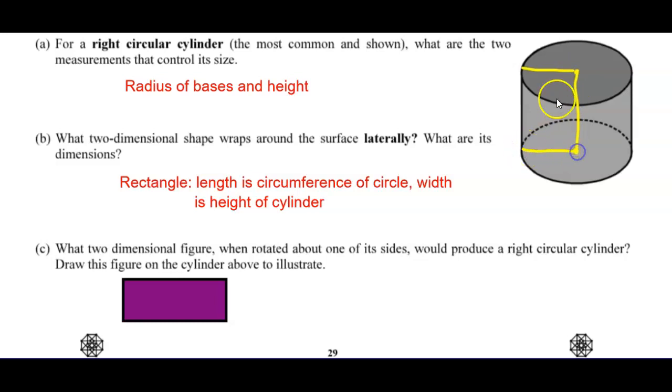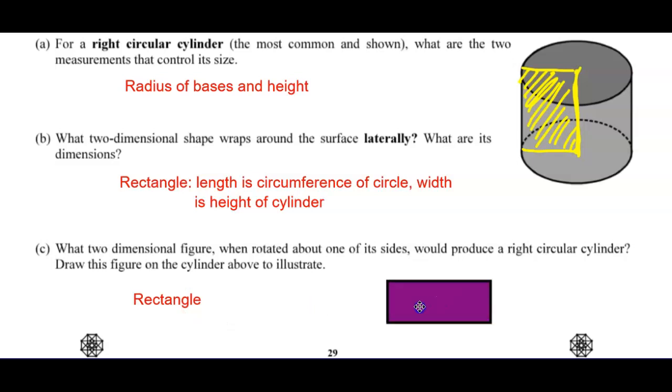And you can see what shape I have now. If I started with a rectangle and I rotate that rectangle, picture a central axis right here. Rotate around that central axis, it's going to sweep out a cylinder. It's going to pass through a circular path, and it's going to make a cylinder. So if I start with a rectangle and I rotate it, I will end up with a cylinder.